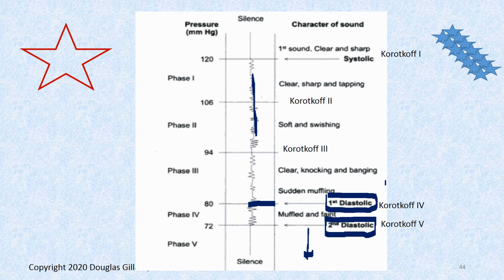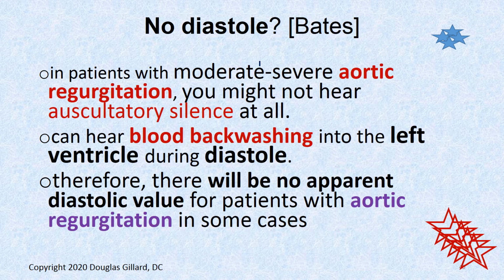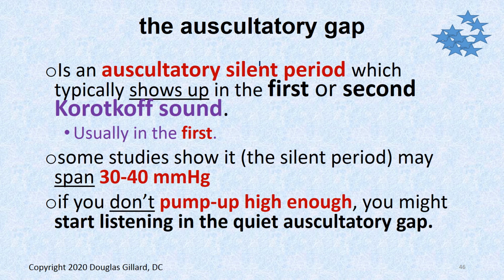So if you only pump your blood pressure cuff up to right in here somewhere, and you listen, there's nothing there. You think you're up here, but you're really down here. So the first sound you hear is probably Korotkoff 3, but you think it's Korotkoff 1. See how that works? Really, Korotkoff 1 is way up here. So that's the danger of an auscultatory gap.